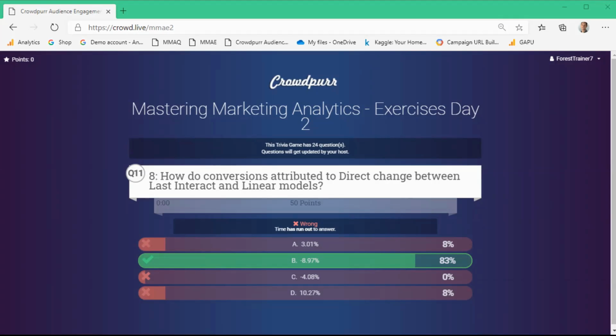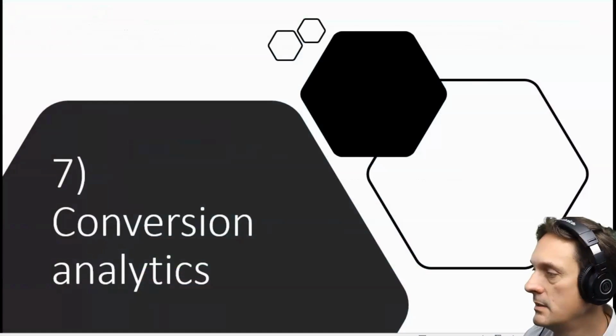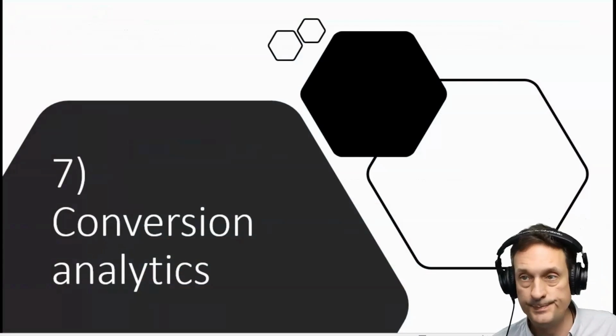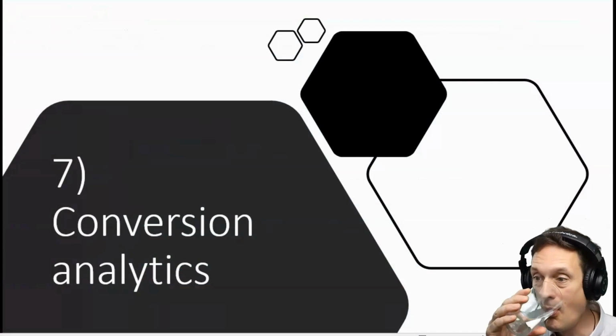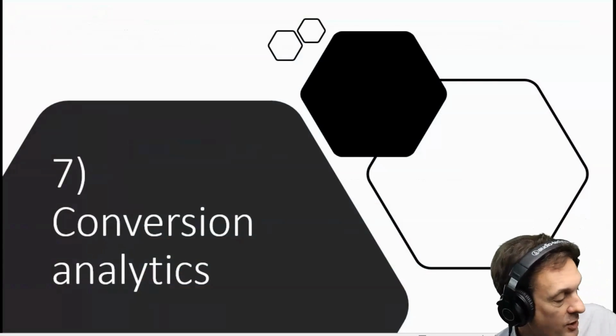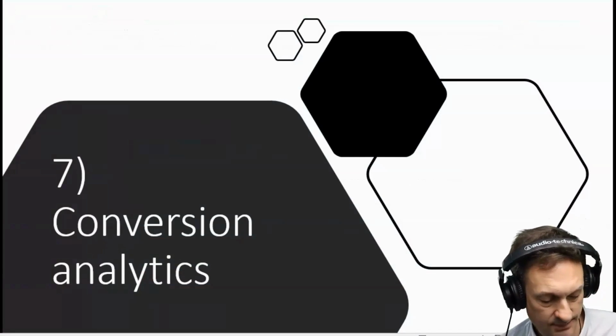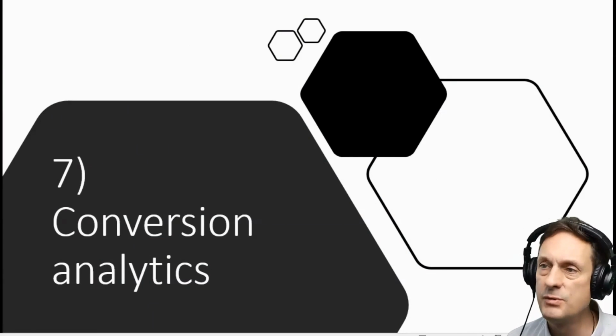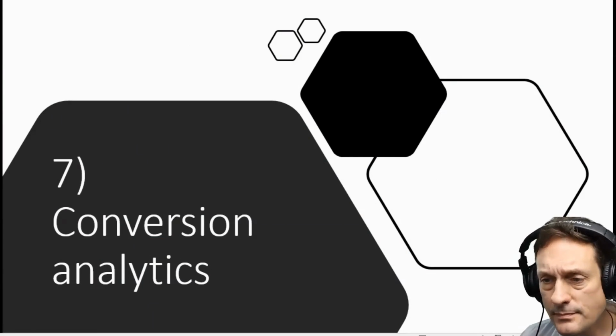All right. So now we are going to move on to conversion analytics, which is a little bit more left field, a little bit more out there than what we've been talking about already. We talked about audiences, where we wanted to do the segmentation and figure out how to improve our marketing by breaking down our audiences, seeing which one was performing well, which one wasn't.